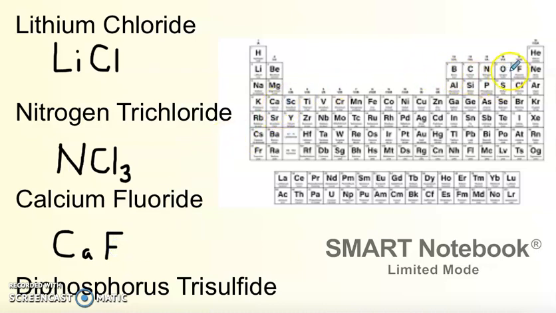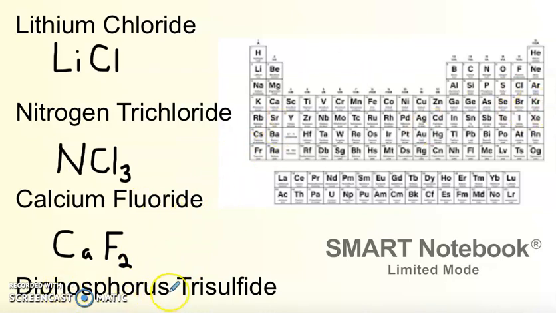We need 2 Fs and 1 Ca because Ca is in the +2 and F is in the -1. So we need 2 Fs. So anytime you write it out for these, you're going to have to check on what the valences are.